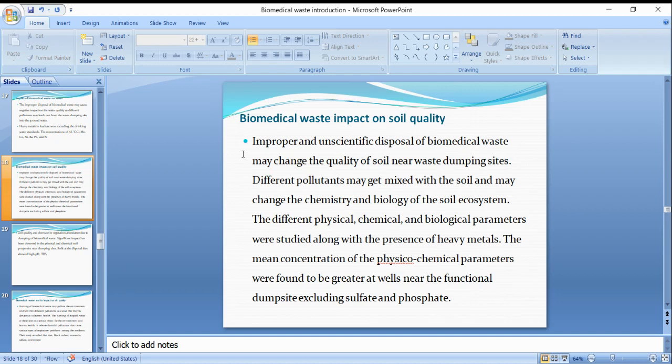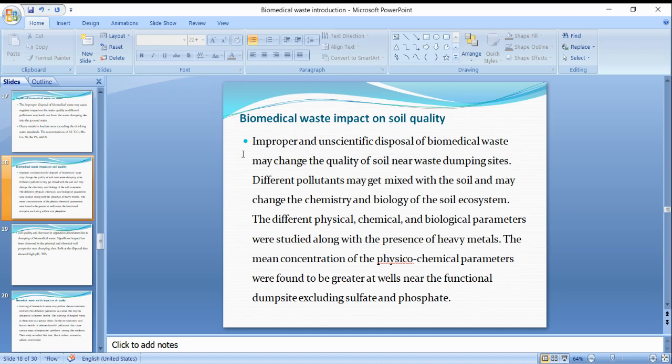How will it impact the soil? Improper and unscientific disposal of biomedical waste may change the quality of the soil near the waste dumping site.